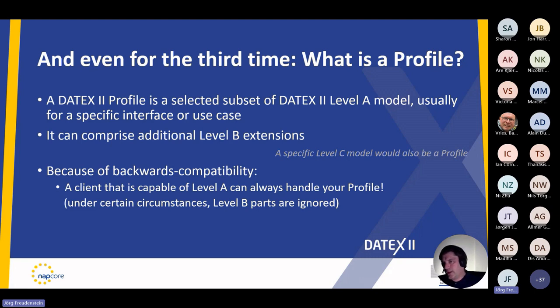And in terms of profiles, it means when you have some client which is capable of the complete DATEX level A model, it will always be capable of your specific profile, because the profile is a subset of the level A model. And again, by construction, that means it will be compatible.